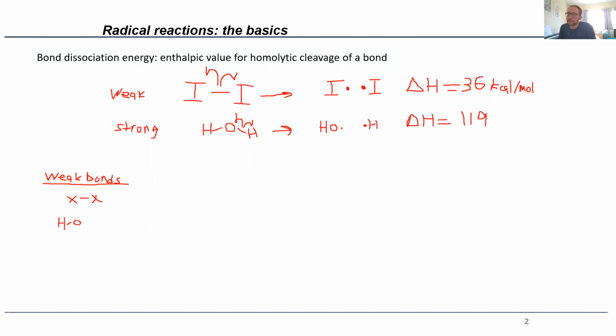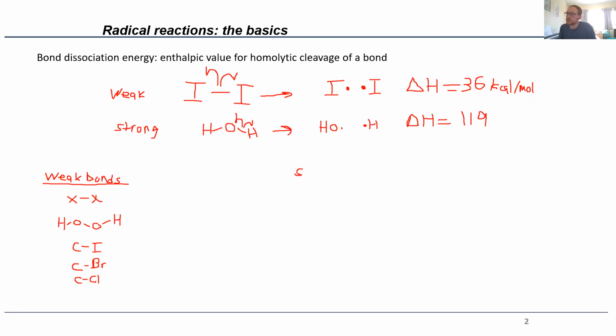It's true also that other heteroatom bonds are quite weak. For example, the O-O bond in peroxide is very weak. And importantly, carbon-halide bonds, carbon-bromine, carbon-iodine, carbon-chlorine bonds are quite weak, and we'll take advantage of that in chemistry.